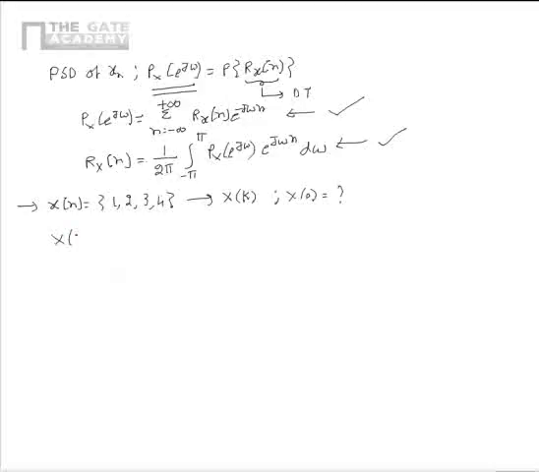We know that the DFT is X[k] equal to the sum from n equals 0 to N−1, that is 3, because the length of the signal is 4, of x[n] multiplied by W_N^(−kn). We know that W_N is equal to e^(j2π/N). As N is equal to 4, W_N is equal to e^(jπ/2), which is equal to j.